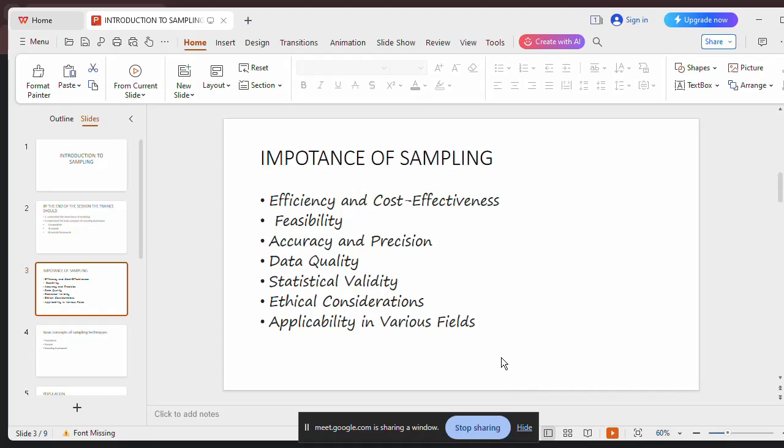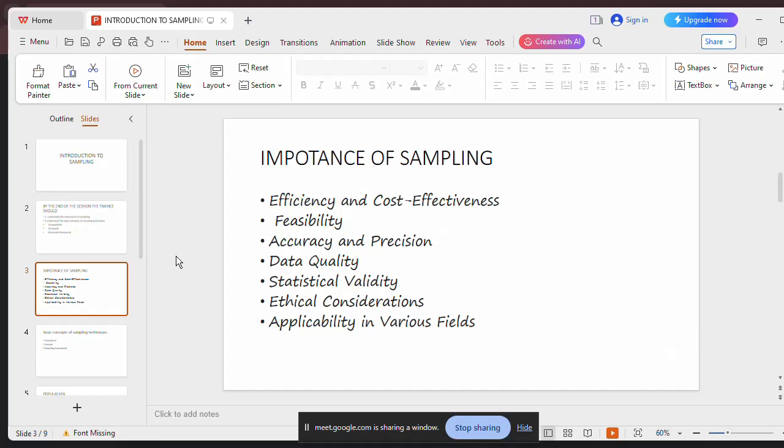Okay. So we have learned about efficiency and cost effectiveness, feasibility, accuracy and precision, data quality. Number four is statistical validity. Number five, it has ethical considerations. I think you understand the words ethical considerations. Number six, it's applicable in various fields. It can be done in all other departments of the government or international government entities, and many more. I think you can go and research more about the importance of sampling.